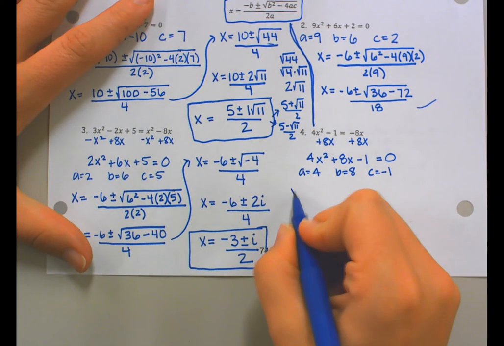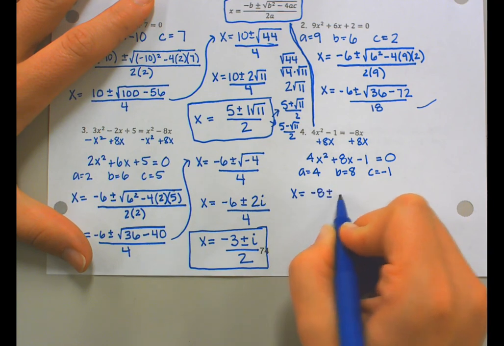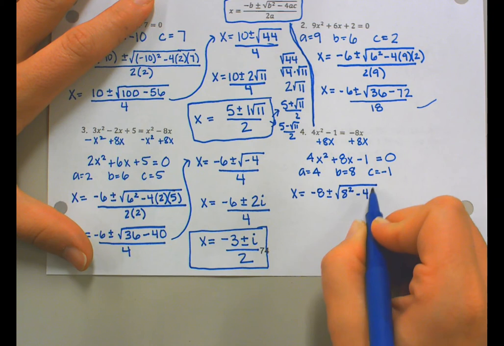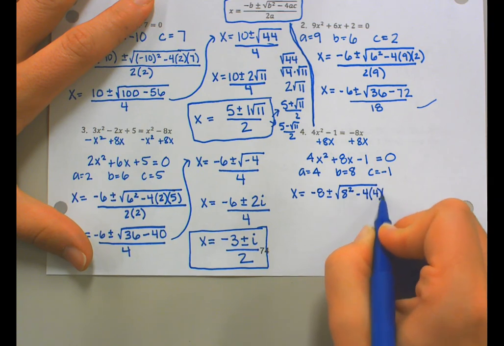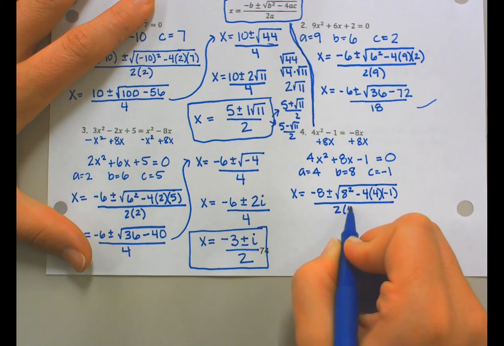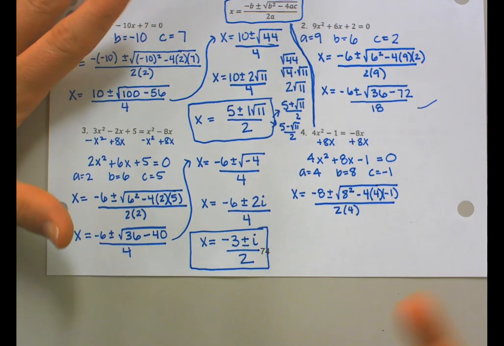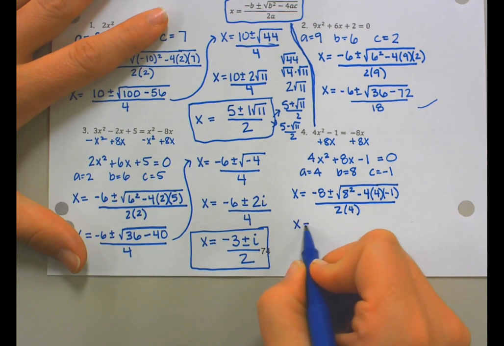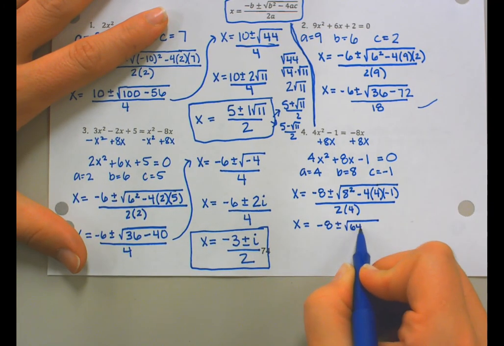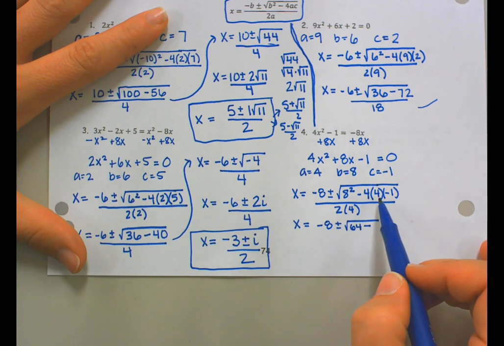So x equals negative b, just negative 8, plus or minus the square root of b squared minus 4 times a times c, all over 2 times a. So then we're just going to simplify. So this is x equals negative 8 plus or minus the square root of 64 minus negative 4 times 4 gives me negative 16.